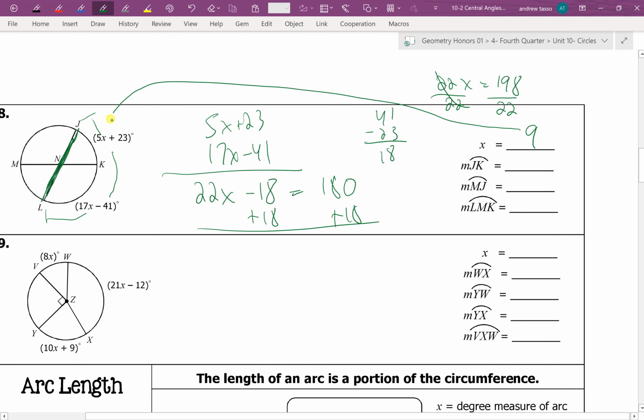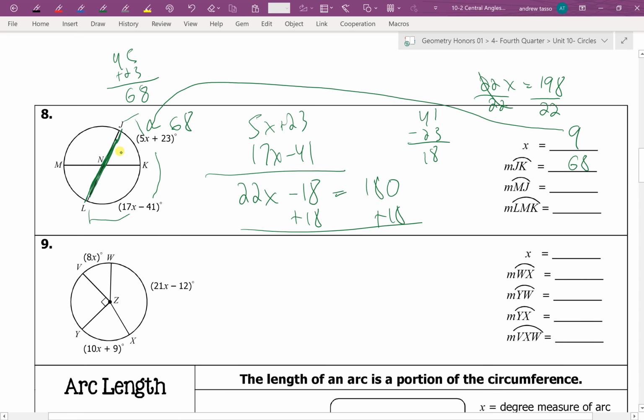Then we plug this back in, say over here. So 9 times 5 is 45, plus 23, that's equal to 68. Okay, so arc JK would be 68 degrees. So would this angle in here, and so would this arc. And then we would find the supplement of 68. That's 112. That would go here. It would go here, here, and also here.